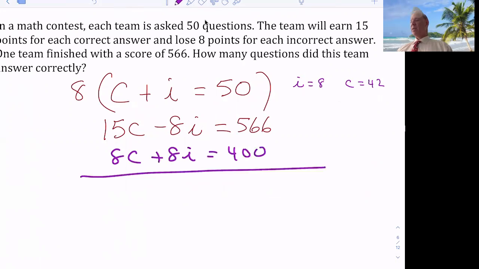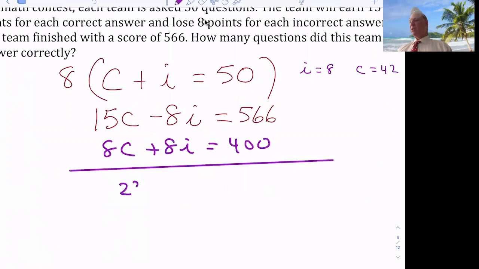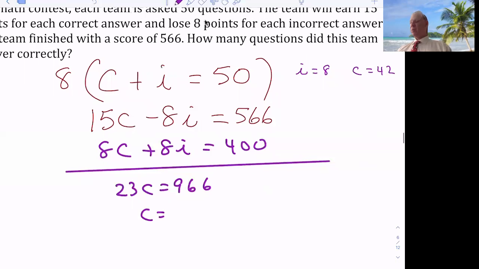Now when I add that together, 23c is equal to 966, right? So then c is equal to 42. There you have it. And they add up to 50, so the incorrect was 8. I got mine to add up to 50.